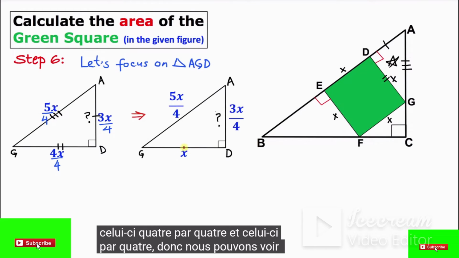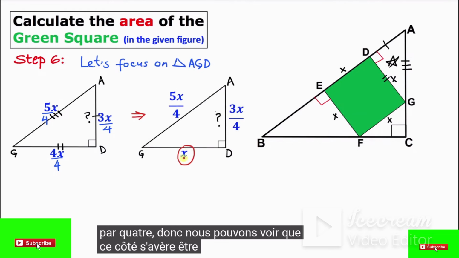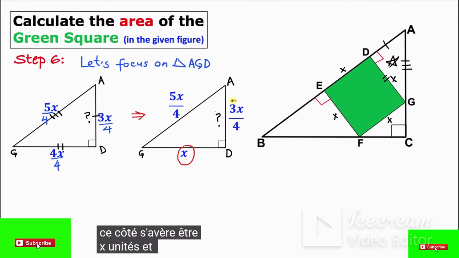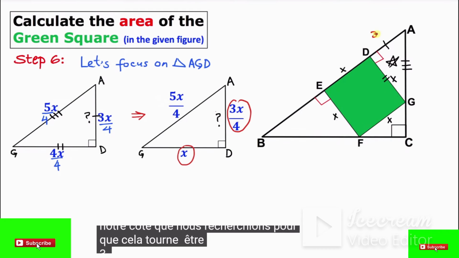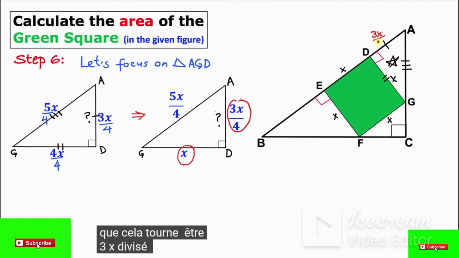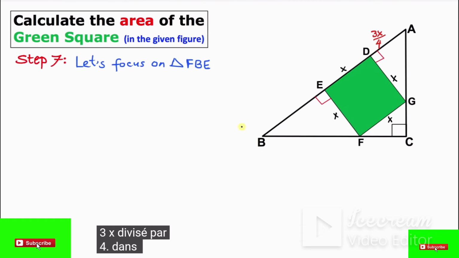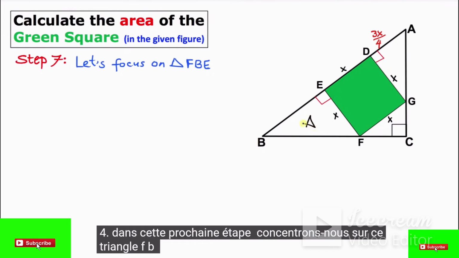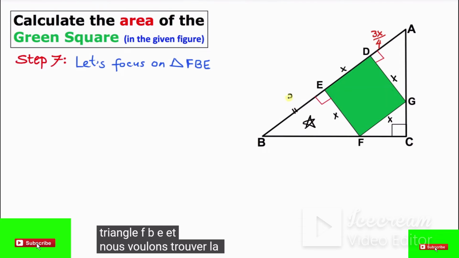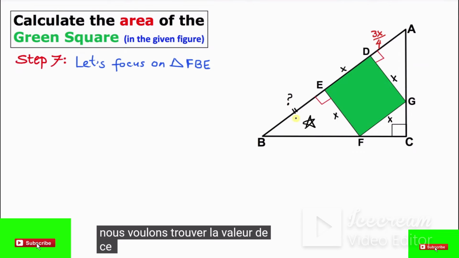So we can see that this side turns out to be x units, and this is going to be our side that we were looking for. So that turns out to be 3x divided by 4.